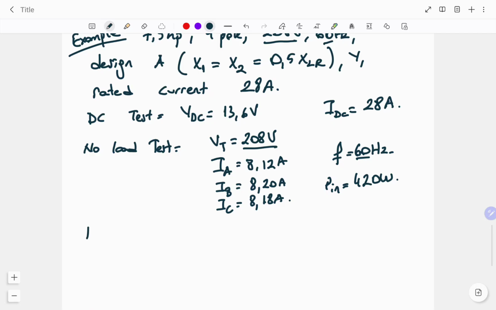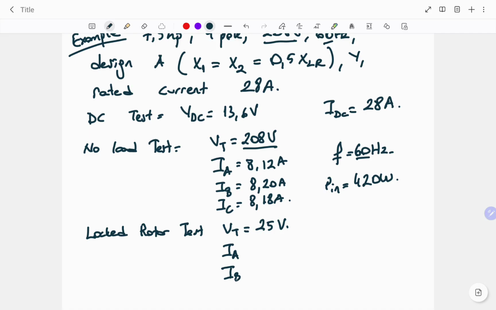The next test results are for locked-rotor. The terminal voltage during this test is 25 volt, which is smaller than the rated value. It can change between 15 to 25 percent of the rated voltage.